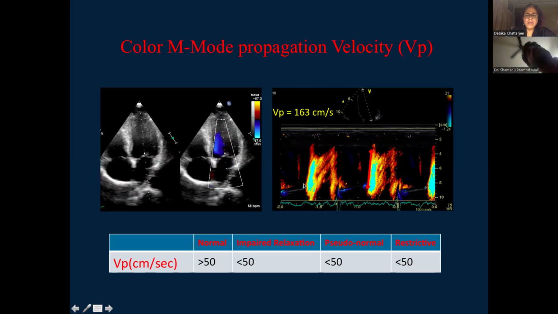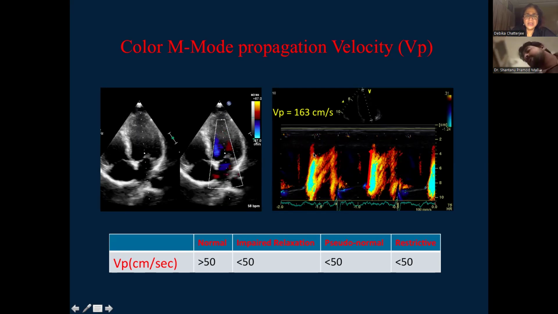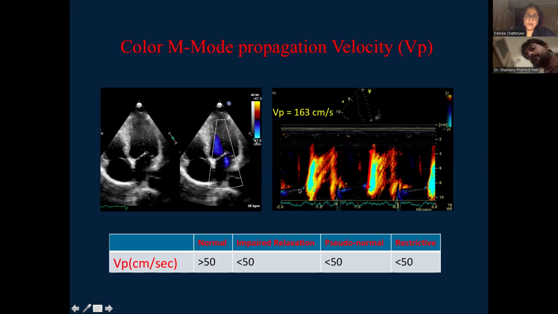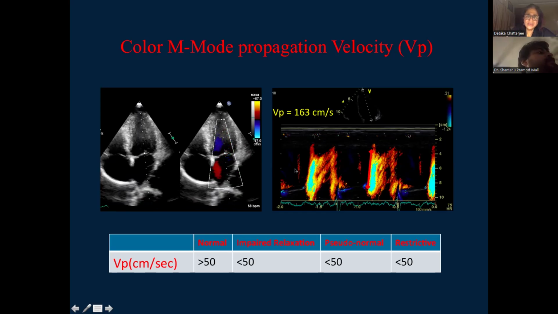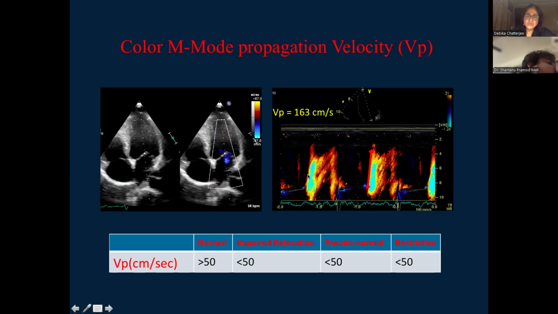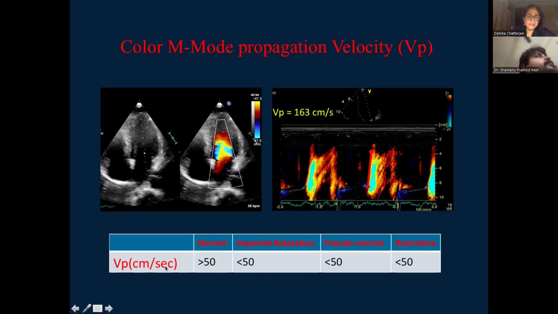Normally we measure this slope from the level of the mitral valve up to 4 centimeter inside the ventricle. This is the LV inside. The mitral valve is here and this entire area is the LV. So we go up to 4 centimeter and we measure the slope. Normally it should be more than 50 centimeter per second.